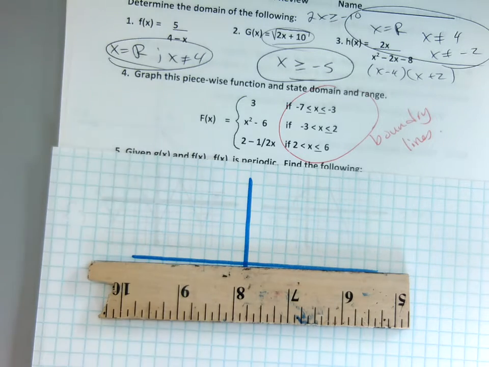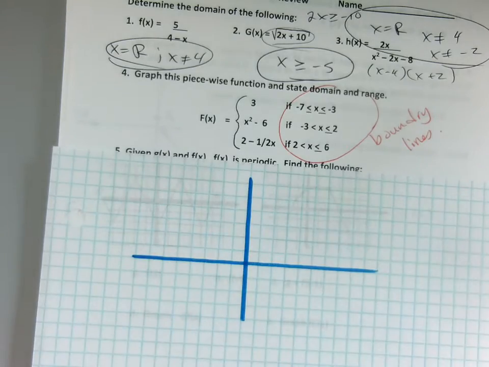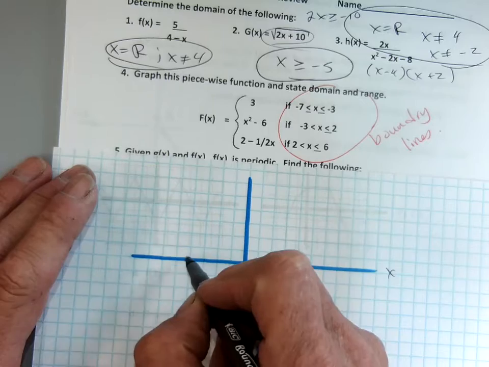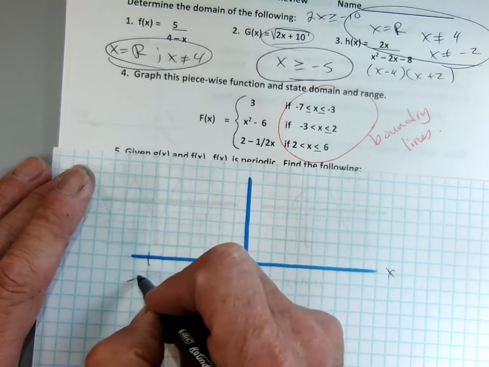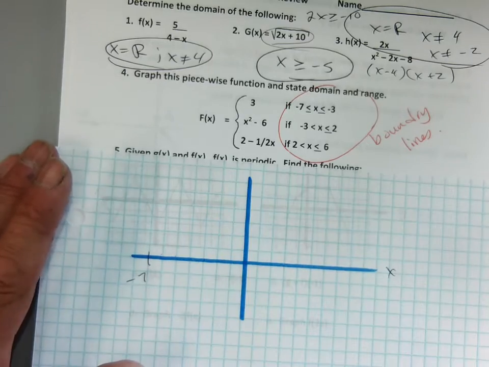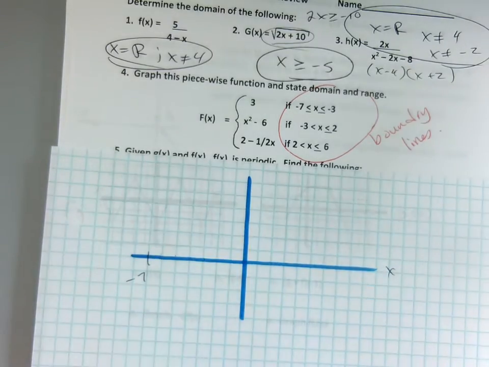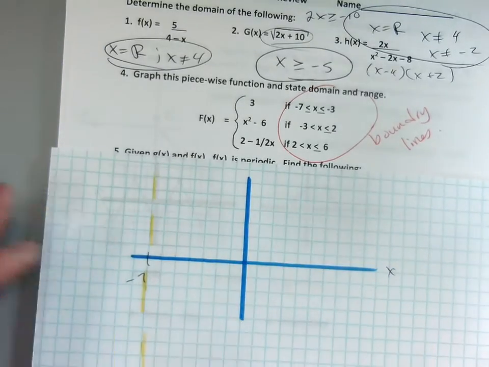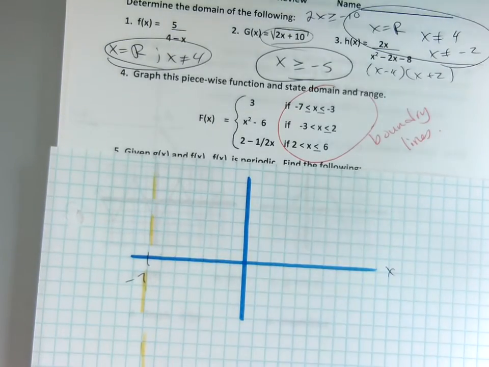I try not to. So on the x-axis, at negative 7, 1, 2, 3, 4, 5, 6, 7, is a boundary line. And of course, they're invisible. They don't really even exist. That's why I like to put them in as a dashed line. They're just boundaries.